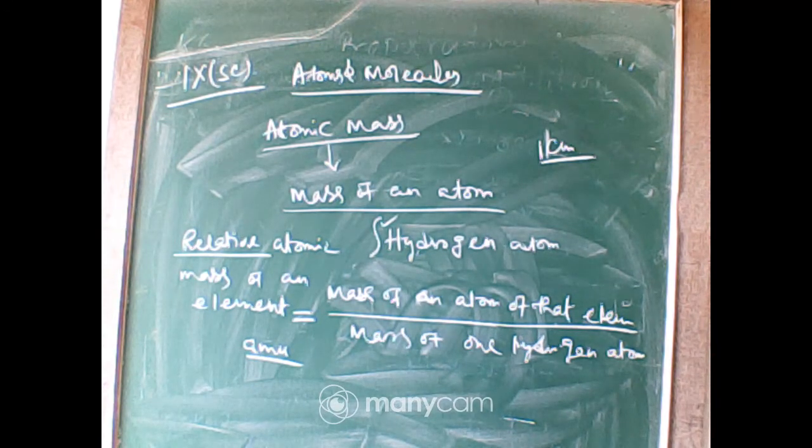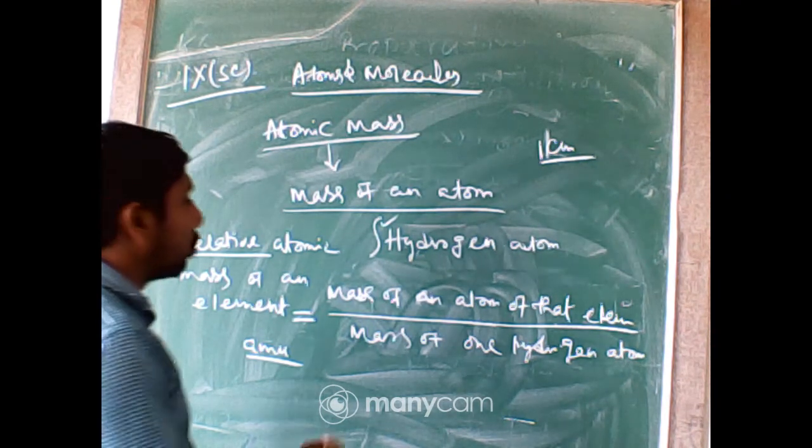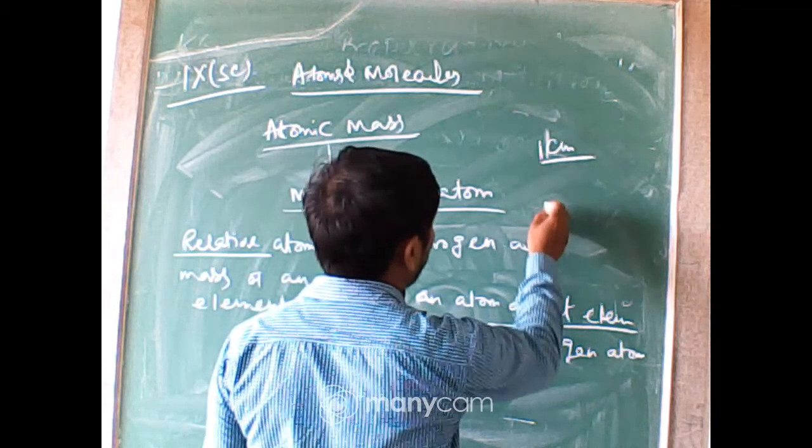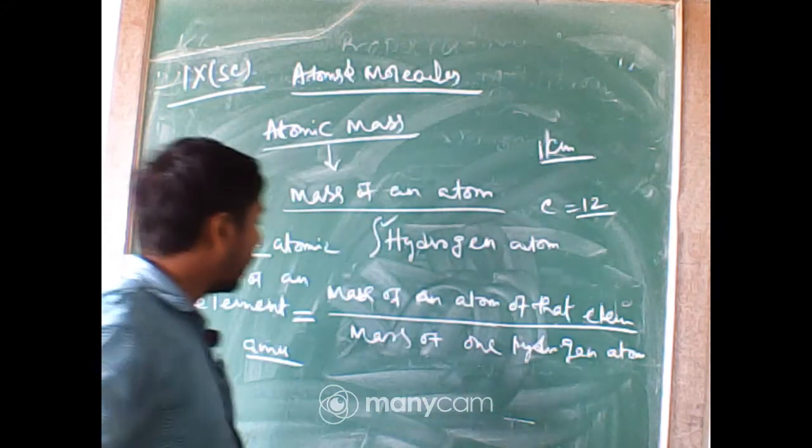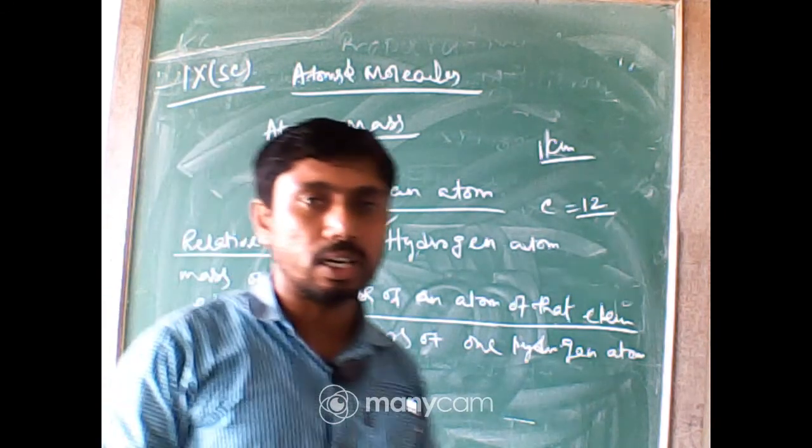In the same way, if we calculate with respect to carbon, then we have to know the atomic mass of carbon. Carbon has an atomic mass of 12. Here the mass of one hydrogen atom is 1.